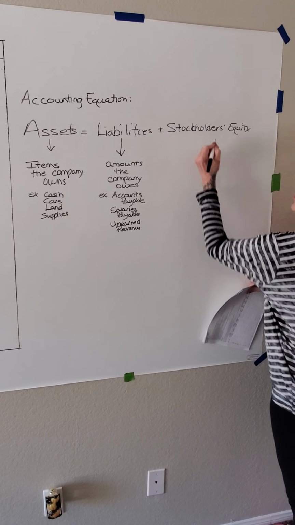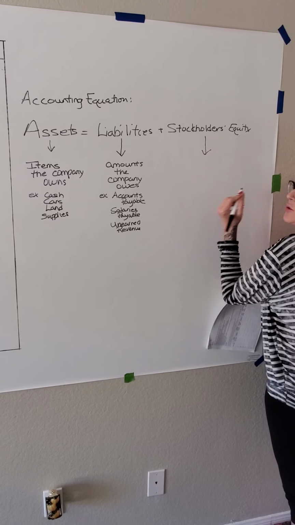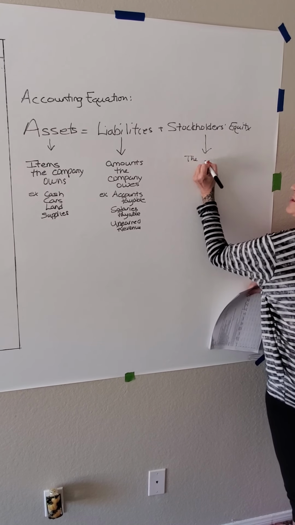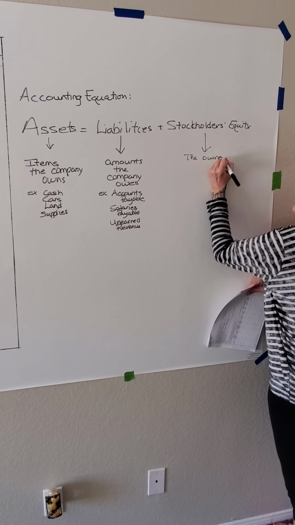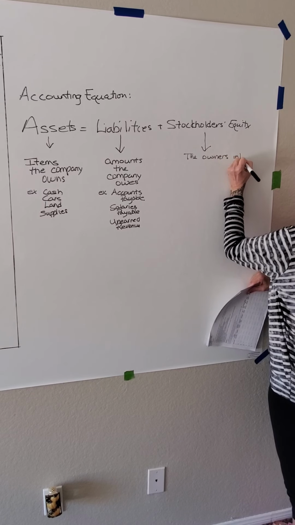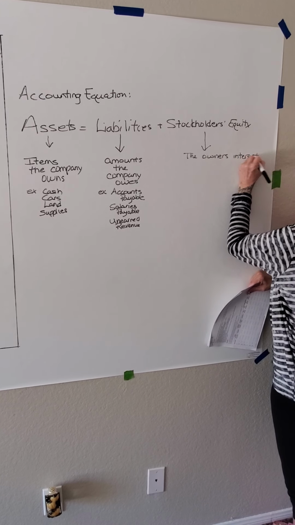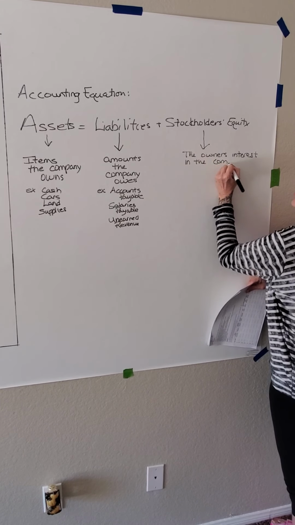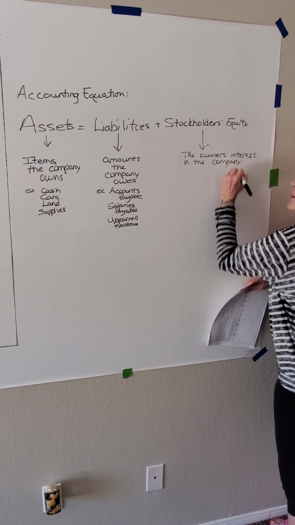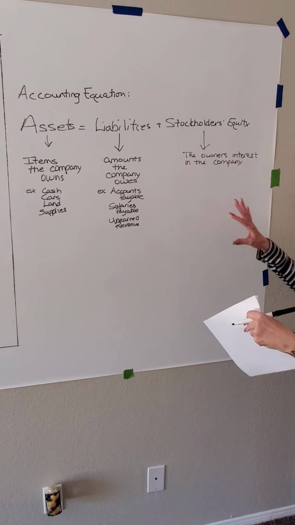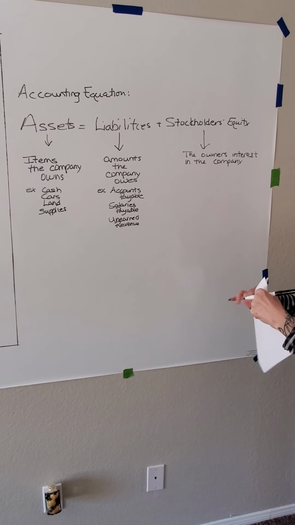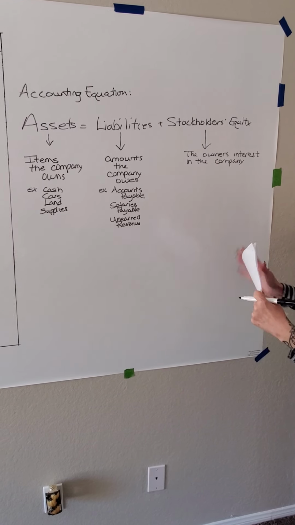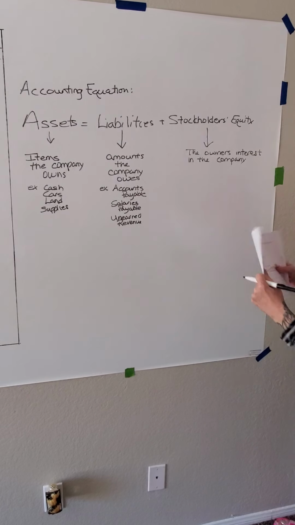And then stockholders' equity is the difference, or it's the owner's interest in the company. And remember, we're dealing with financial accounting, so we're looking at publicly traded corporations, so they have to do things by set standards called generally accepted accounting principles. Stockholders' equity is made up of two things.